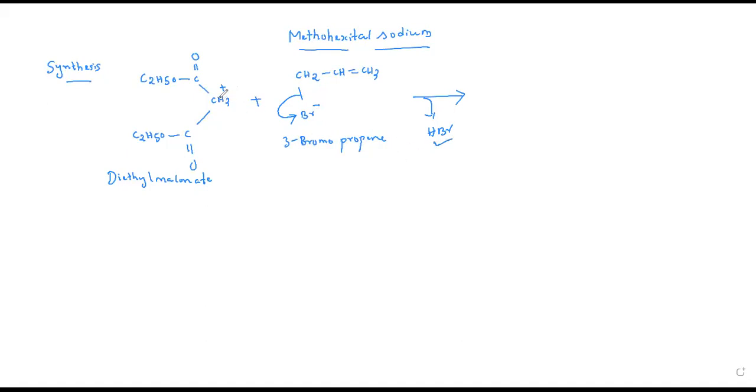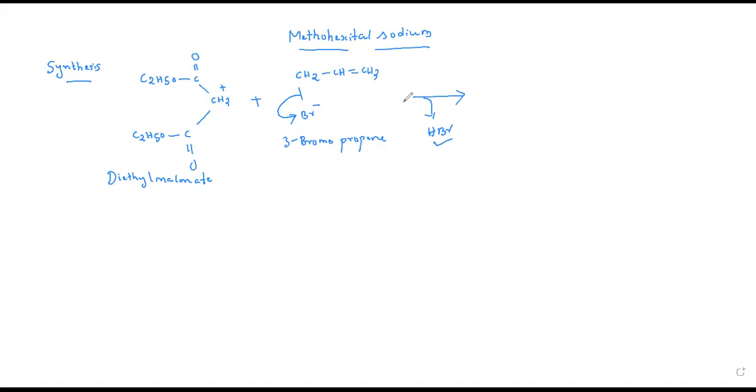Another reason for the positive charge on hydrogen is the presence of the 2 electron withdrawing carbonyl groups, ketone groups. These ketone groups will enhance the acidity of the hydrogen atom. Therefore, the hydrogen atom loses its bond strength and gets a positive charge.